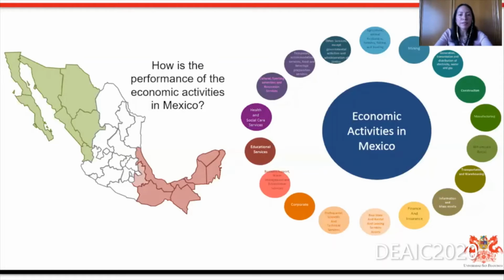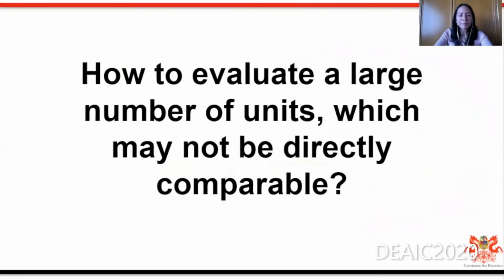Thus, it will be necessary to adapt the conventional DEA methodology so that similar DMUs can be compared on an equal footing. In the next slide, we have a question that raises this research.